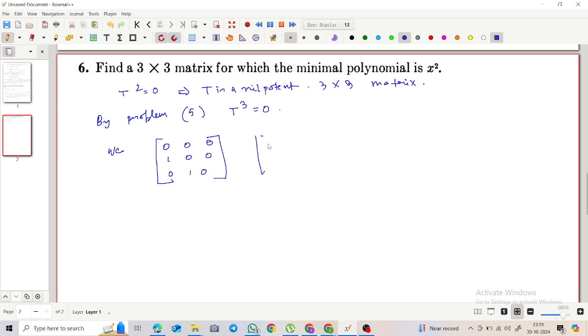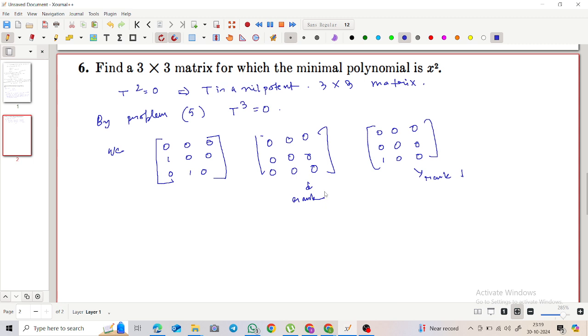This can be, or it can be like this, I mean the zero matrix, or it can be like this, right? We have seen it. This is of rank 0, and this is of rank 2. Okay.